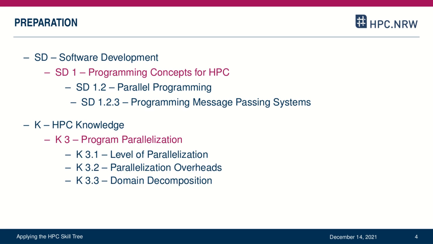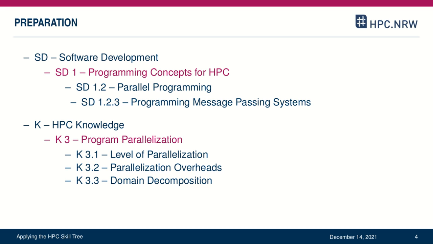Then you also have some relation to other skills here, namely in the section K of HPC knowledge, where you have level of parallelization, parallelization overheads, domain decompositions. Those are all additional skills that you potentially should have or will develop by understanding programming message passing systems.